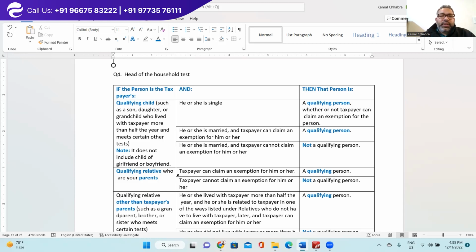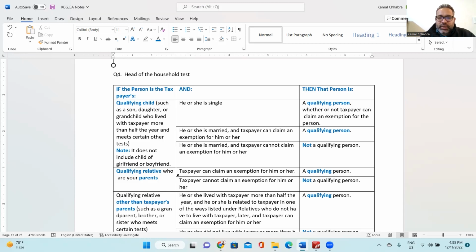So the second important thing is that the qualified child, he or she, is single. If he or she is single, then that person is a qualifying person, whether or not the taxpayer can claim the exemption for the person, right? If he or she is married and the taxpayer can claim an exemption for him or her, then that person is a qualifying person.